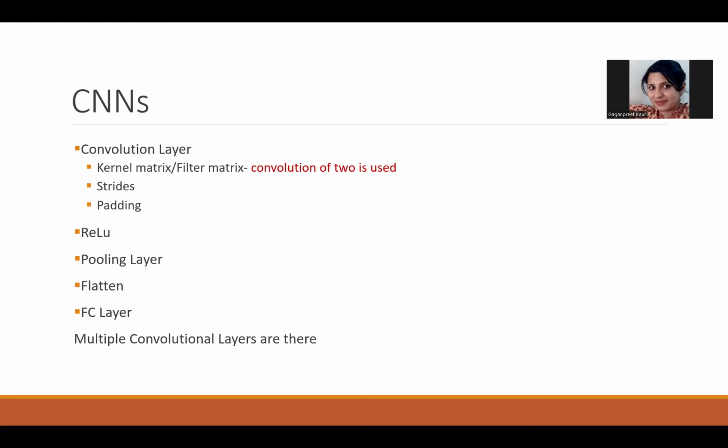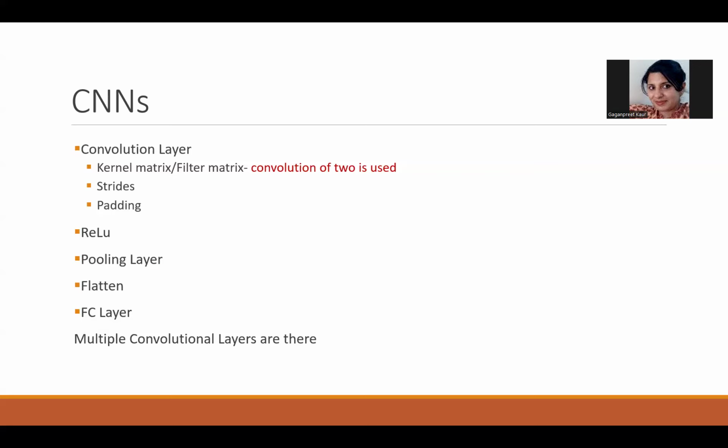Then there is a pooling layer. As of now, just understand that the pooling layer is for reducing the spatial dimensions of the image. Flattening is required to put them into a single 1D vector so that we can connect them to a fully connected layer. Finally, there is the activation function for classifying whether the image has been labeled correctly or not.